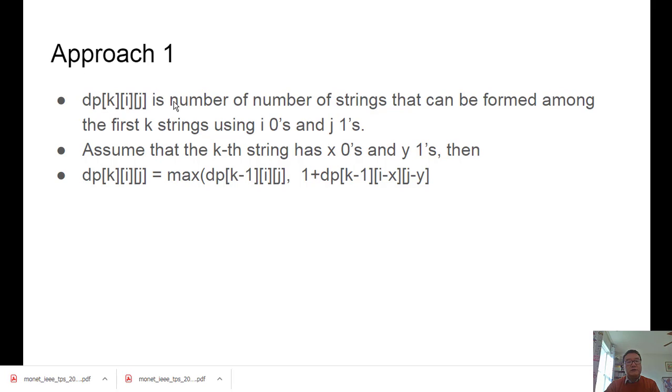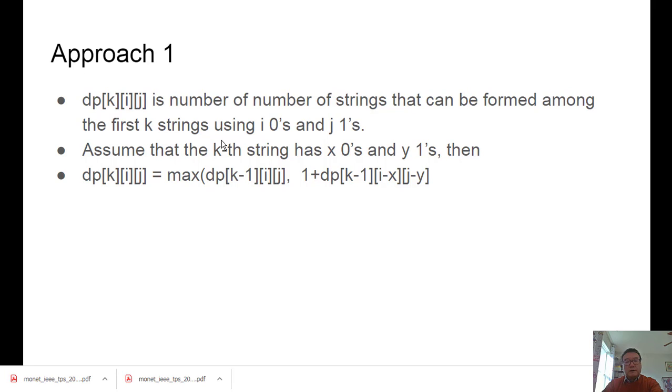I guess it's not necessarily more standard, but it's sort of the most natural way to think about it. We use a 3-dimensional array that stores the number of strings that can be formed when we consider only the first k strings, and we only use i zeros and j ones.